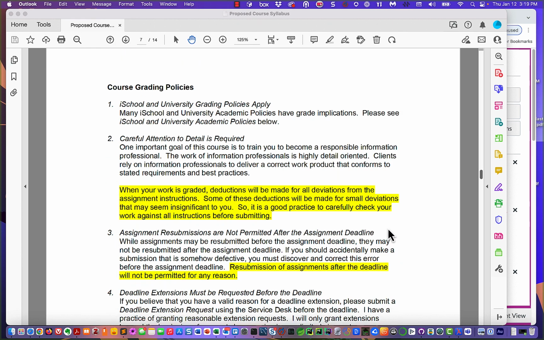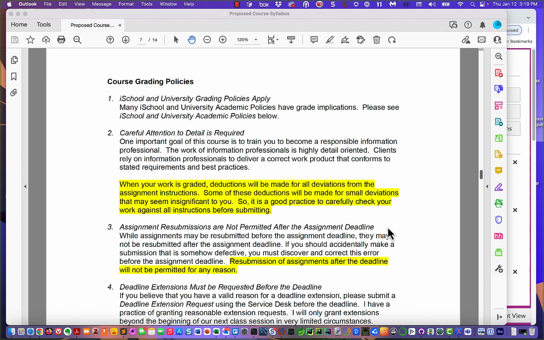Now, I've got a page and a half of course grading policies here. I didn't used to have this. I'm coming up on 15 years of teaching now, but what happens is that a few people get highly disappointed by things that most people would understand.